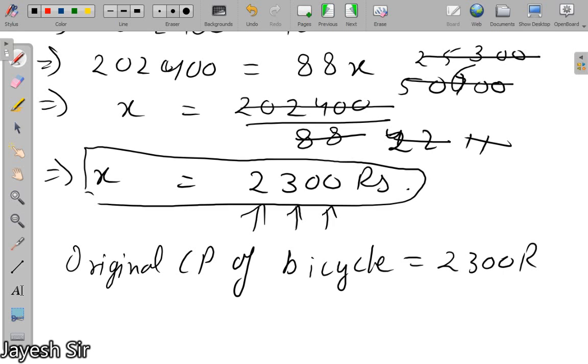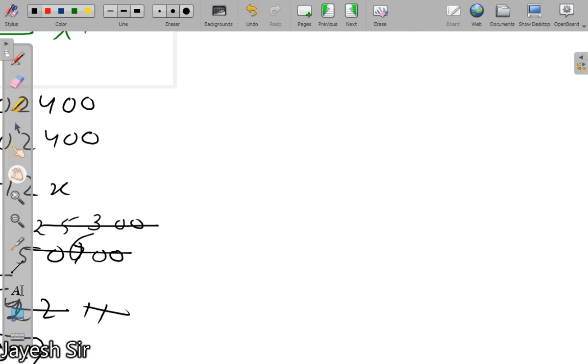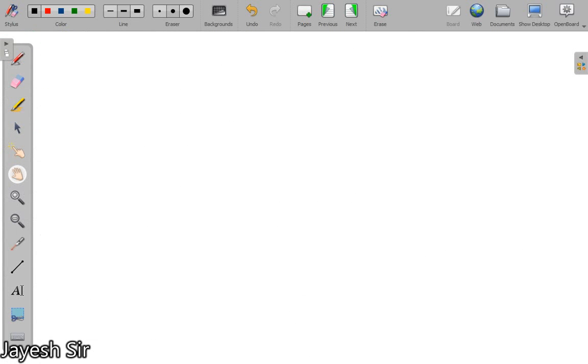So now the question is asking us, if the shopkeeper wanted to make a profit of 12%, new case.